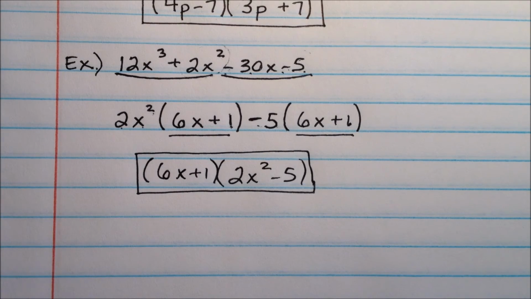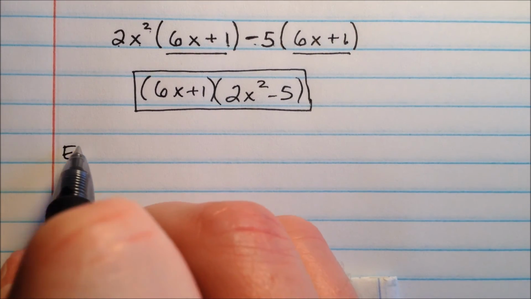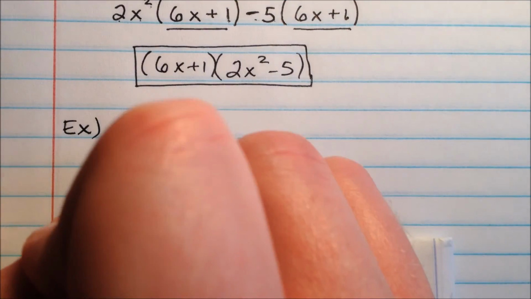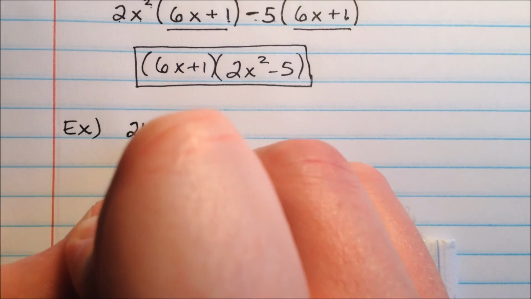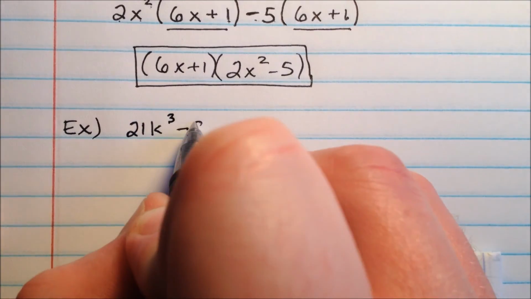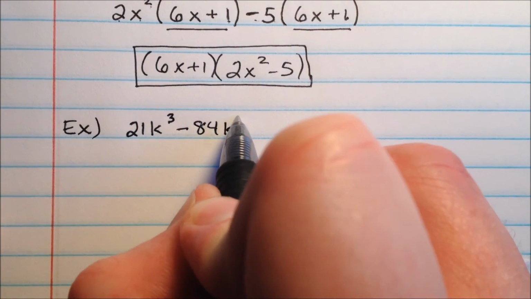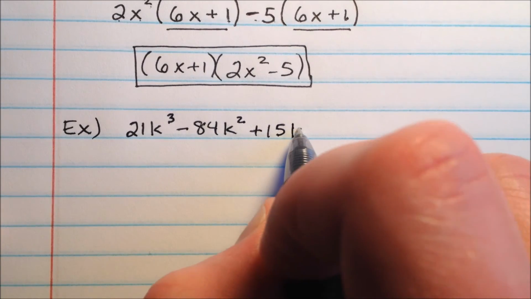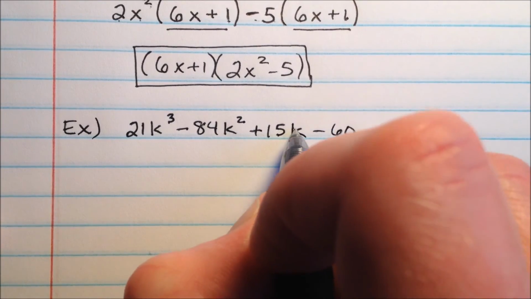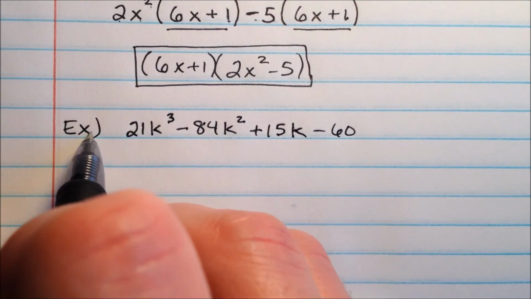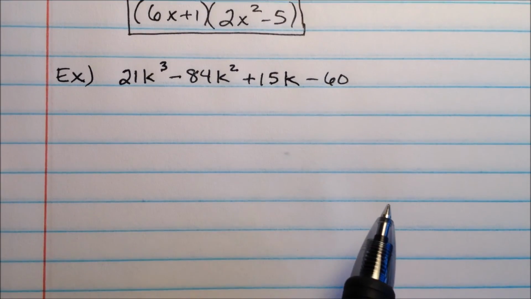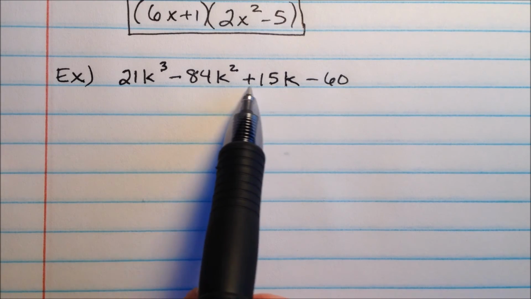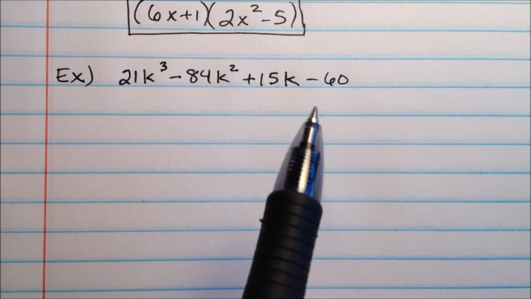The last example that I'm going to do is slightly different, but generally the same thing. I'm going to start with 21k cubed minus 84k squared plus 15k minus 60. The reason that this problem is slightly different is because before we ever get started, there's a common factor to all 4 of these terms that I can take out.